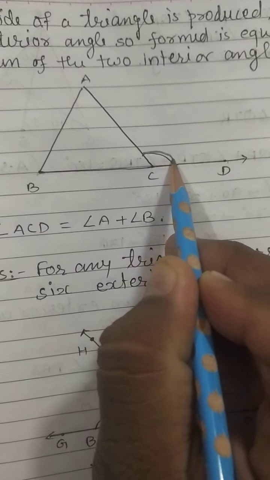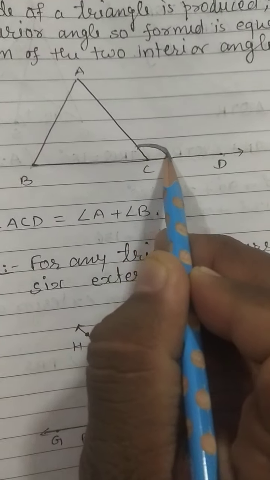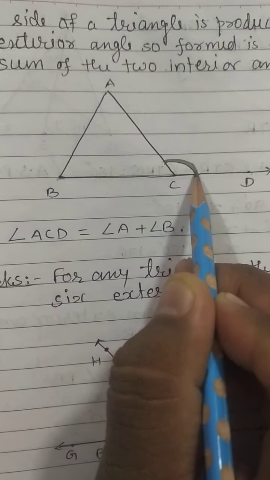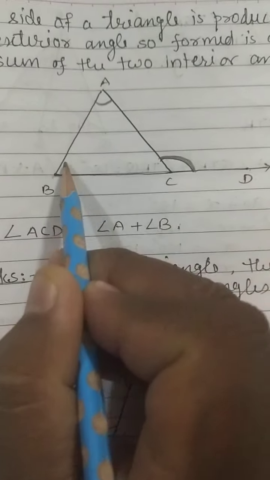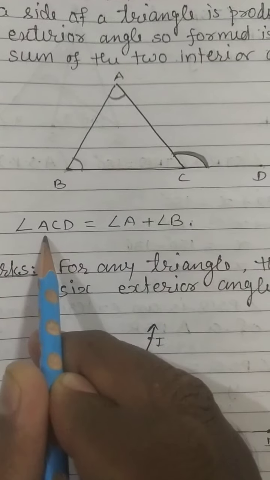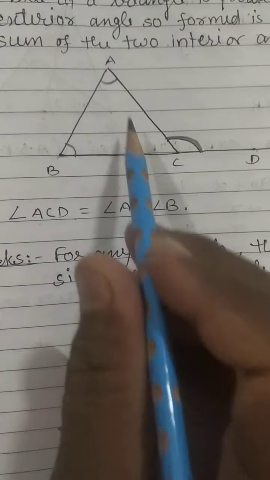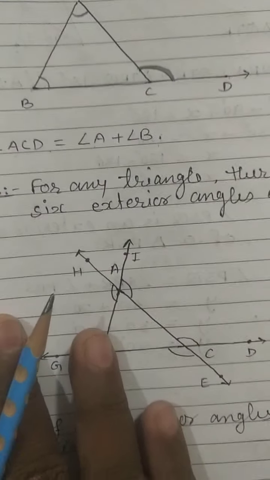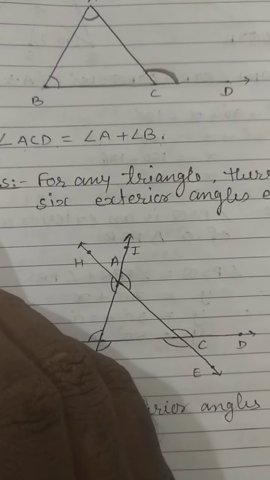So angle ACD is the exterior angle here. This exterior angle is represented as the sum of its two interior angles, that is, angle ACD is the same as angle A plus angle B.